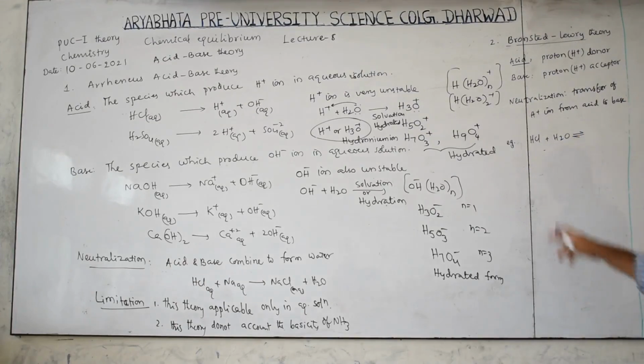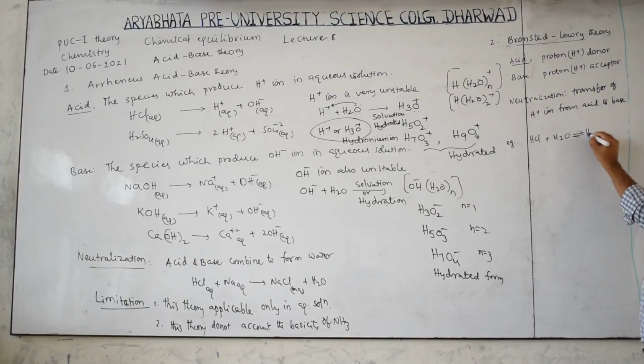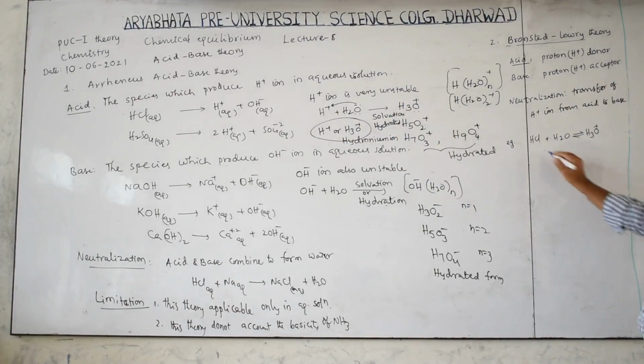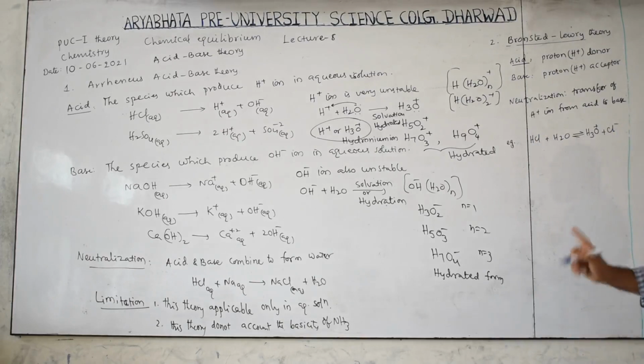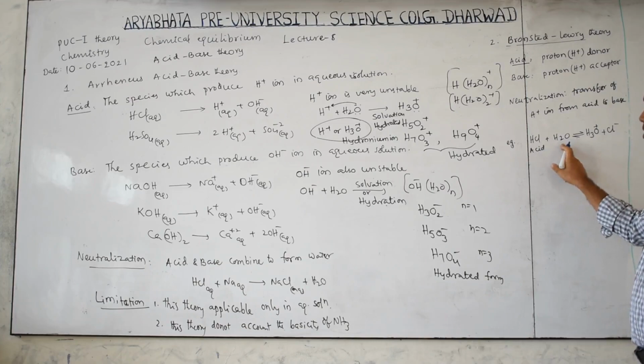This is a strong acid, so it will compulsorily donate the proton to water. Water then converts into H3O plus, the hydronium ion, and H plus Cl minus becomes Cl minus. Now keep in mind, proton donor is acid, so this is the acid; proton acceptor is base, so this is the base.